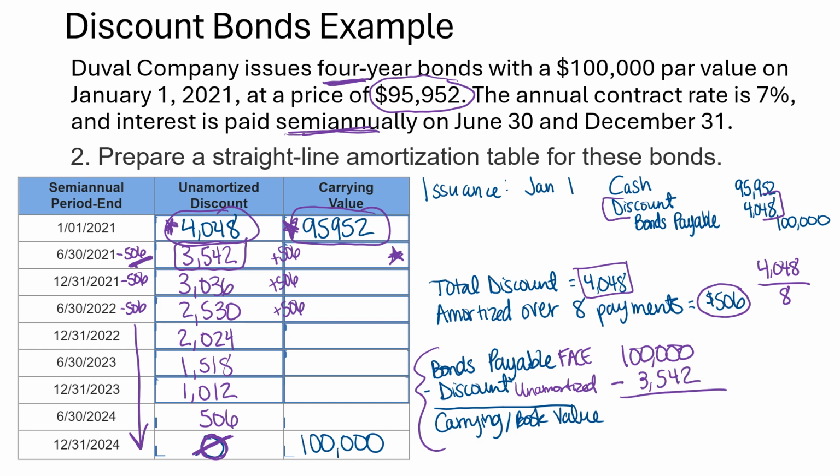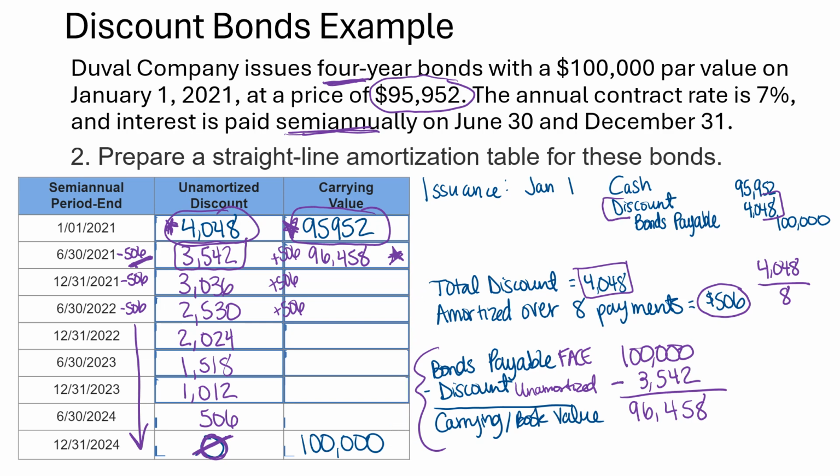Subtract that out, you get 96,458. So you can see that the carrying value is increasing as we go down. And as it goes down, it will increase all the way to $100,000, which is the face value.